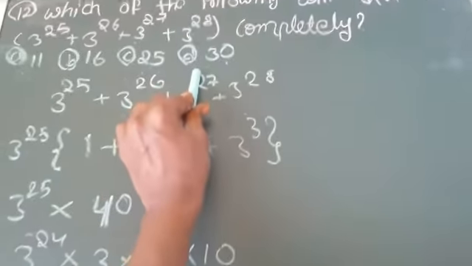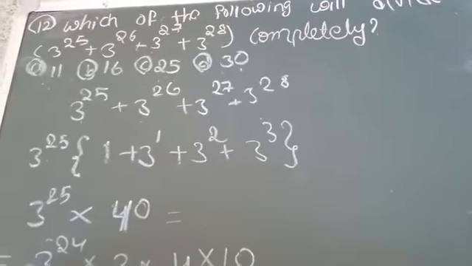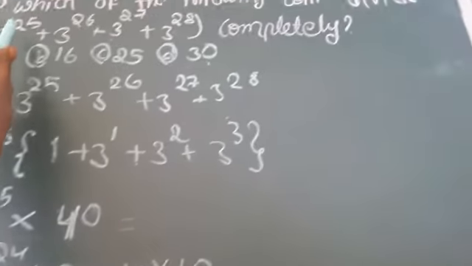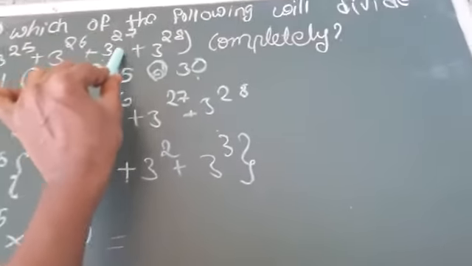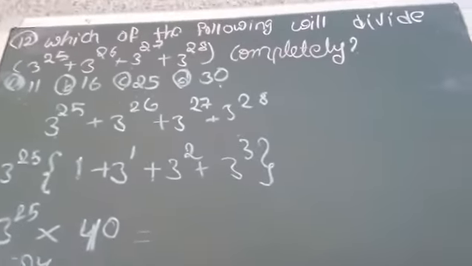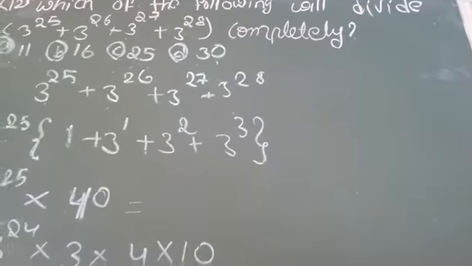The final answer will be 30, because 3 power 25 plus 3 power 26 plus 3 power 27 plus 3 power 28 will be divisible by 30. I hope you understood how to calculate the answer.